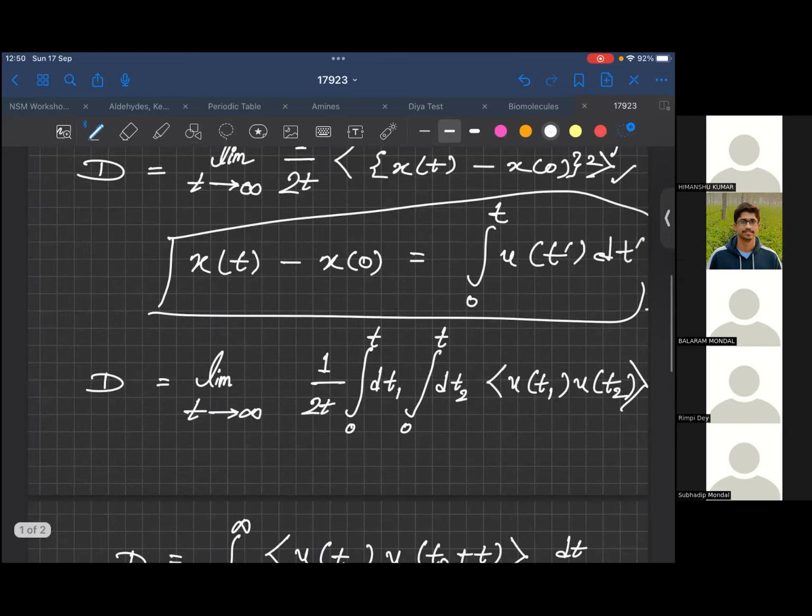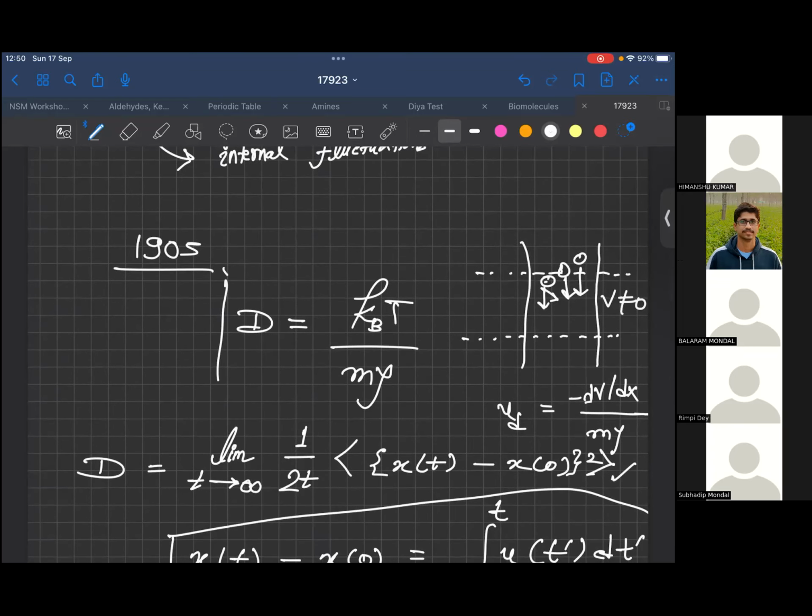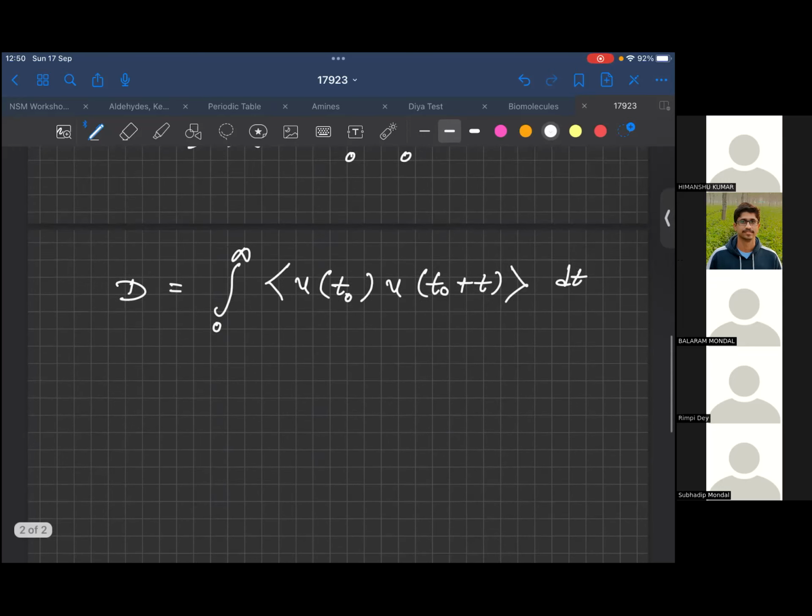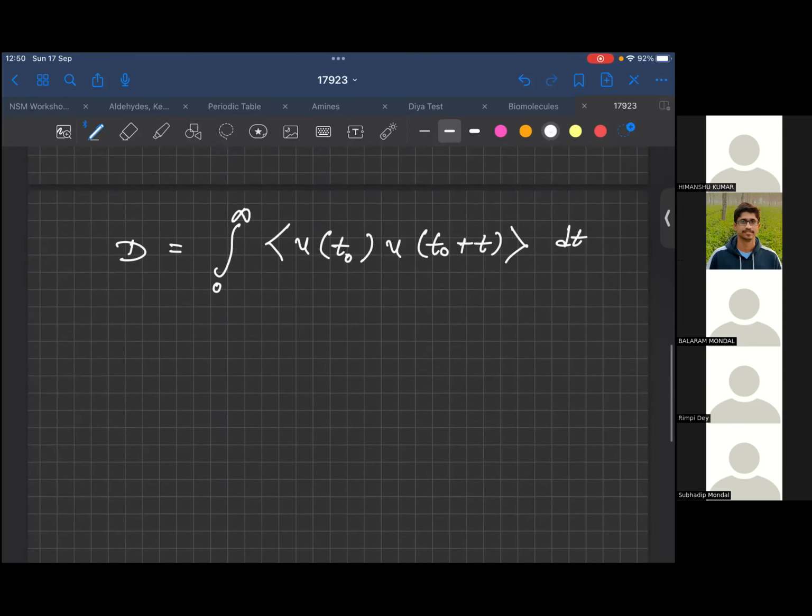Now, if you remember from the very first expression here, we can write m gamma equals D by kBT, just putting the value of this D here.